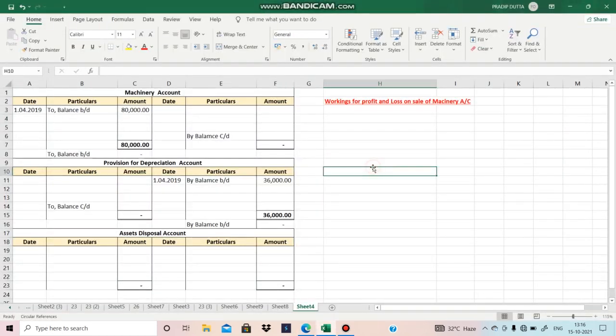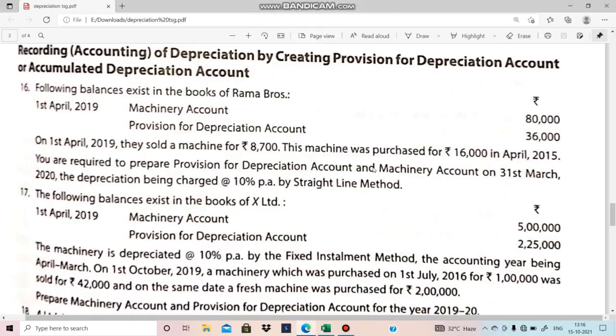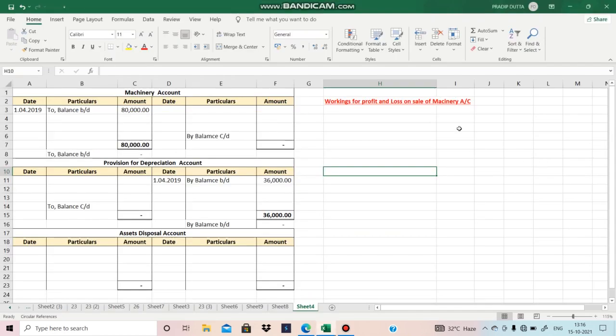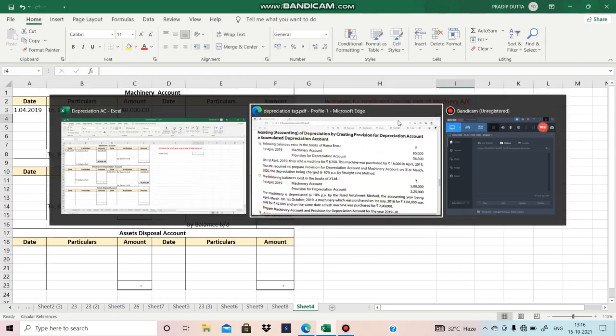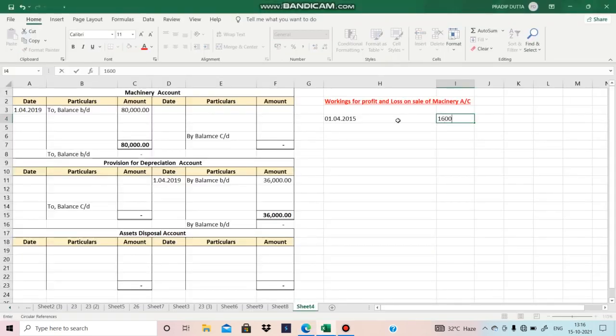Now first you have to do the workings. What are the workings? See this machine, 1st April 2015. On 1st April 2015 we bought a machinery. What is the cost of the machinery? It's 16,000.